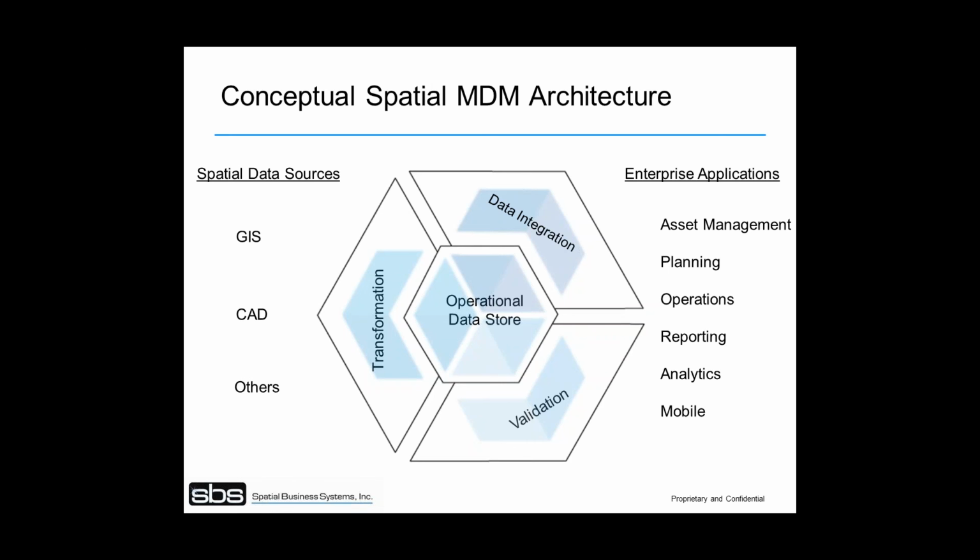And once this is in place, then this becomes the enterprise database that supports things like asset management, planning activities, the reporting and analytics, all those different applications that need a much richer base of data than would be provided by maybe a core GIS system in a working operational environment.